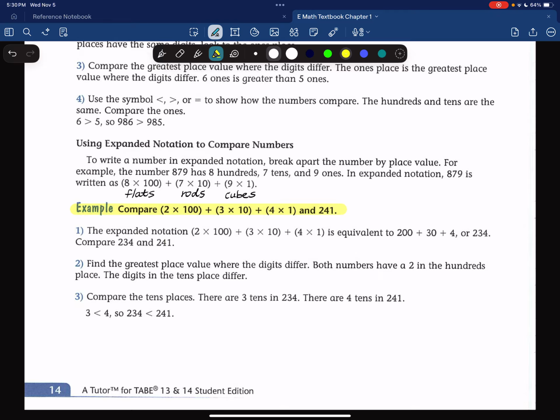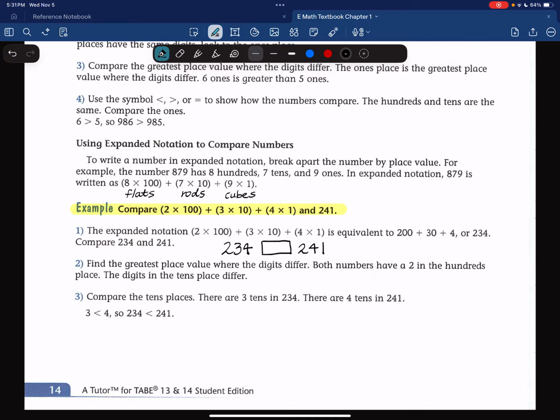And then we can compare 234 and 241. So they want us to put a symbol in this box. Now we could use the not equal symbol, but when they say compare, they want greater than, less than.